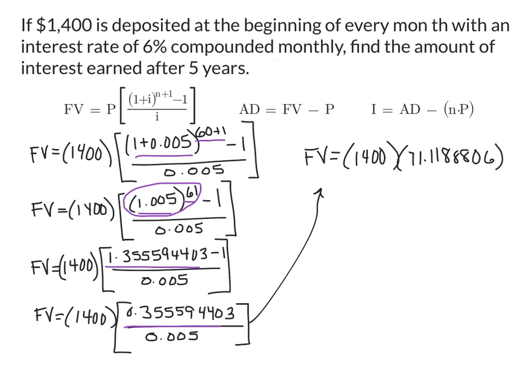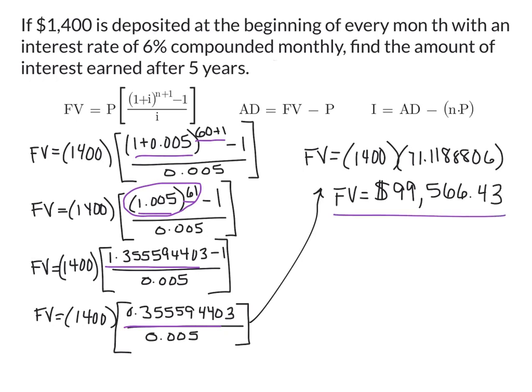Now multiply that number by 1,400 and round to 2 decimal places. So we have a future value of $99,566.43.